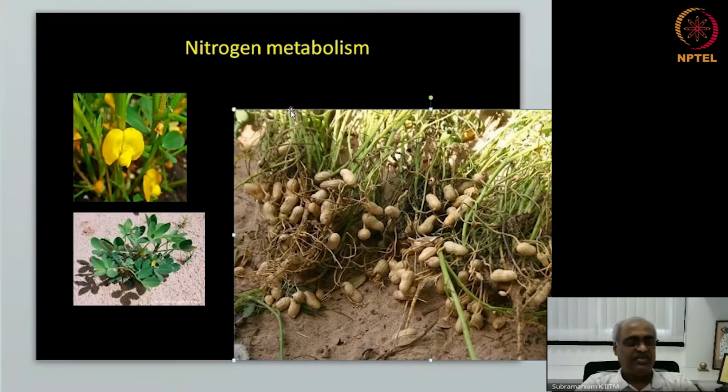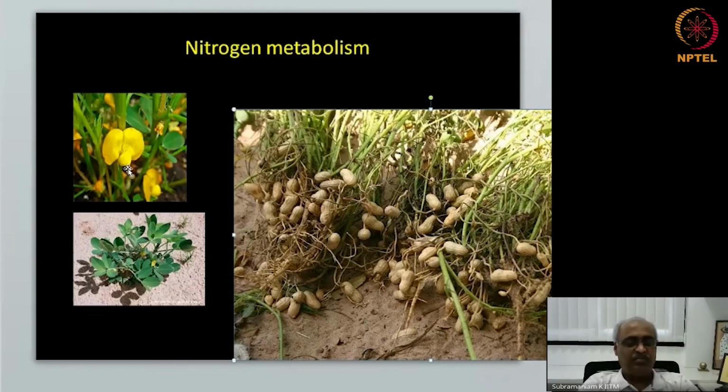Okay. So you would have seen this plant. This is groundnut. If you follow American English, this is peanuts. In India, we call it groundnut. This is the groundnut plant, and this is the close-up of its leaves and flower. This shaped flower is a Fabaceae family member, or legumes.